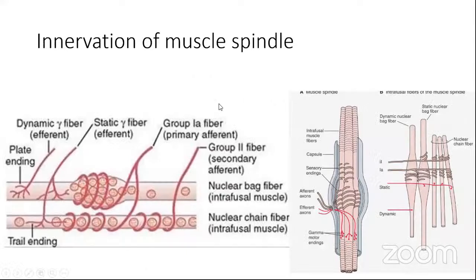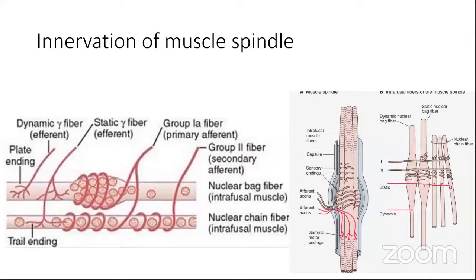So this diagram of the muscle spindle shows the details of the nuclear bag fibers and nuclear chain fibers present inside the muscle spindle.